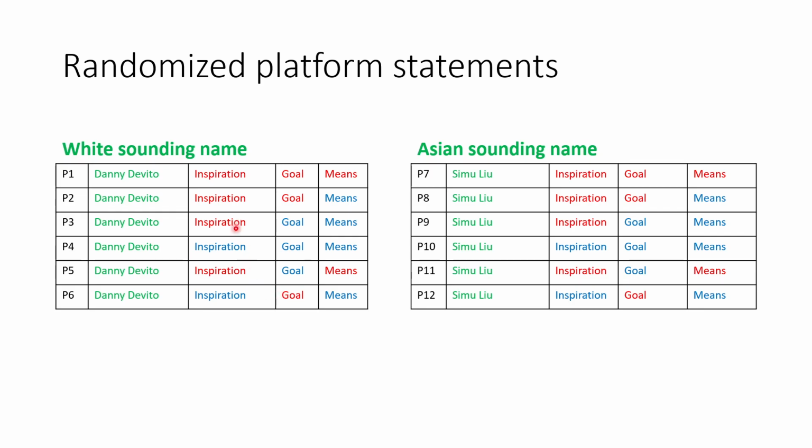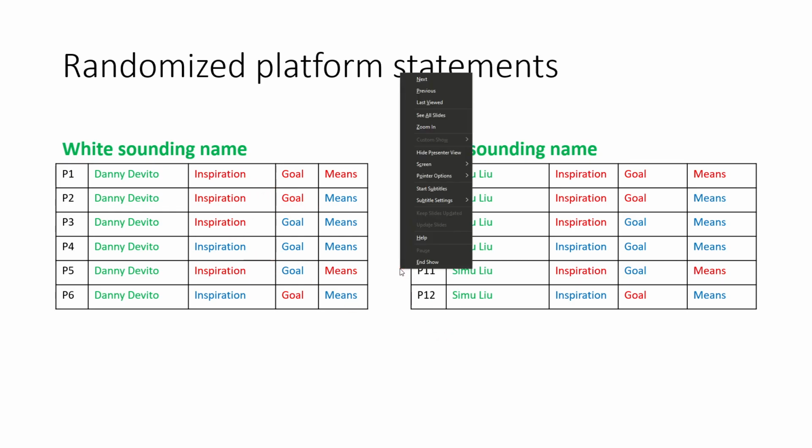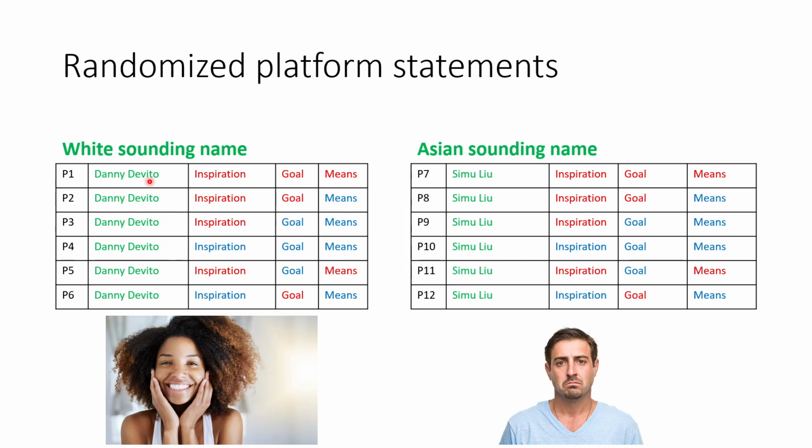The idea here is that we would have every single permutation of these different elements, such that if we're comparing between these two groups, because we're randomizing everything, there's no reason to suspect that if there's a difference between them, let's say people feel really good about this candidate but really poorly about that candidate, and they're much more likely to vote for Danny DeVito than Simu, no one would be able to say it's because of the difference in statements you used in the Danny DeVito condition, that you just used more positive or desirable statements there.